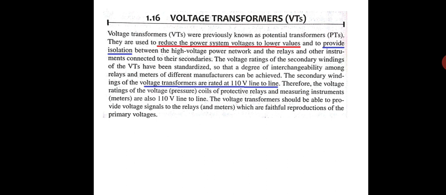Now, at what voltage is it stepped down? It is stepped down to a standard voltage of 110 volts, whatever may be in the primary.